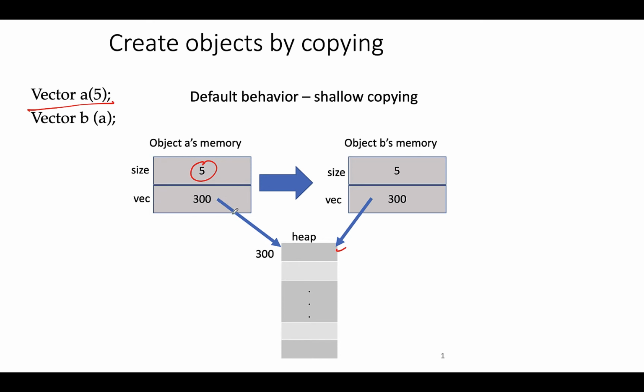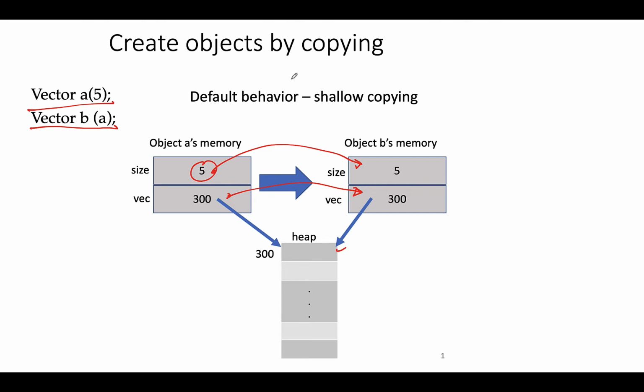So vec now points to the first element of the array. Now, when we try to create an object B off of an existing object A, member-wise copy happens. So the 5 is copied here, and the 300, which is just a random number that I came up with, is copied here. And there are actually two problems with this.